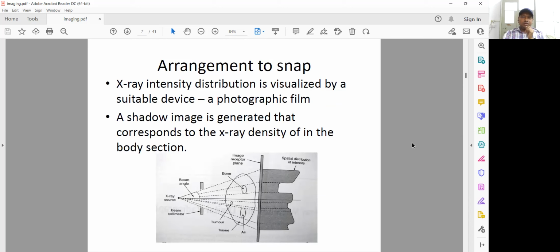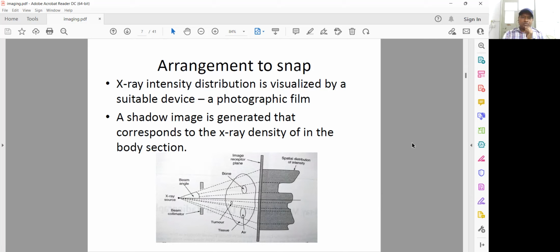Now the arrangement, how to photograph that X-ray. The X-ray intensity distribution is visualized by a suitable device, some photographic film, and a shadow image is generated that corresponds to the X-ray density in the body section.